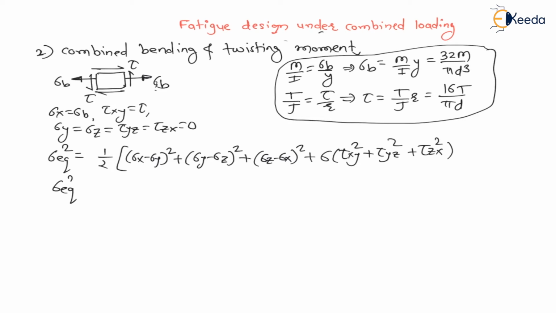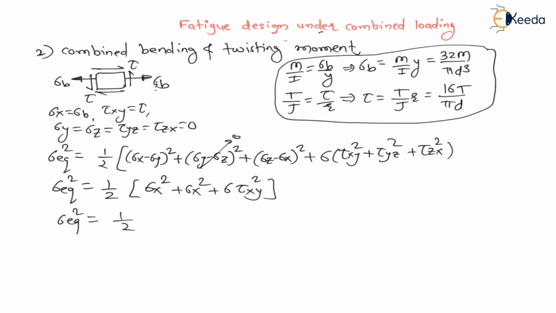Therefore sigma equivalent square is equal to 1 half. Here sigma x is only present, therefore sigma x square, this term will become 0 totally, plus sigma x square plus 6 tau xy square, right? Therefore the formula will become sigma equivalent square is equal to 1 half (2 sigma x square plus 6 tau xy square).